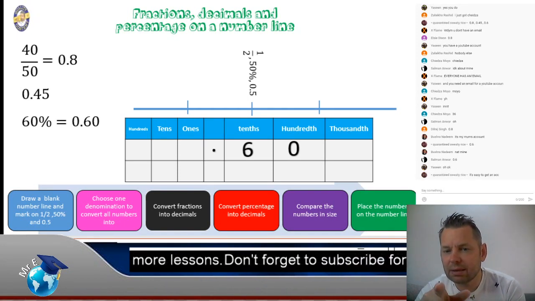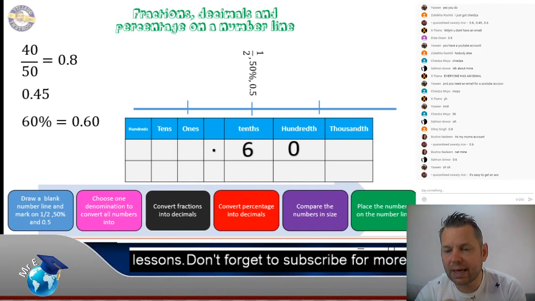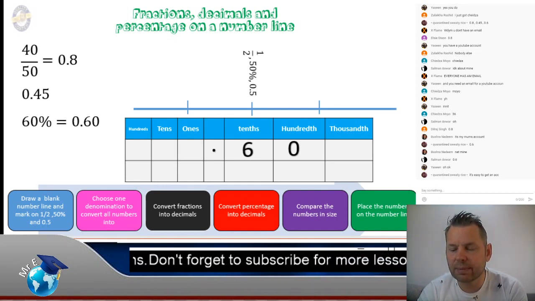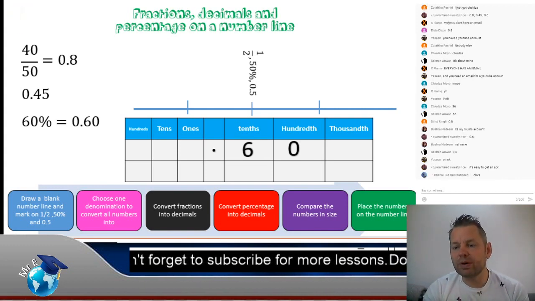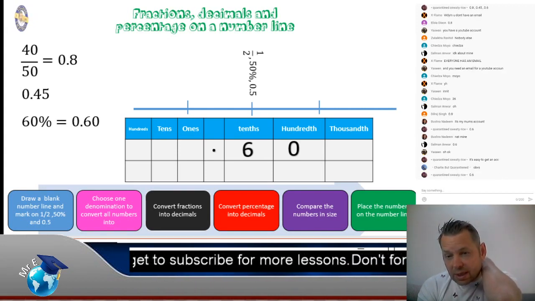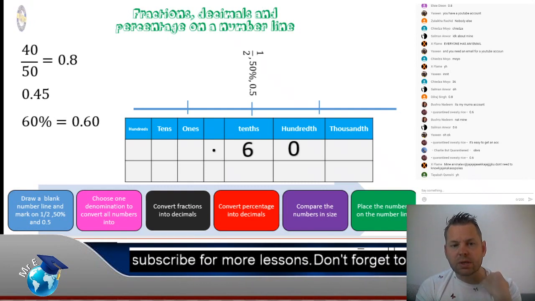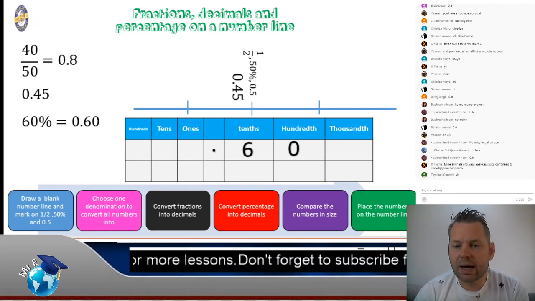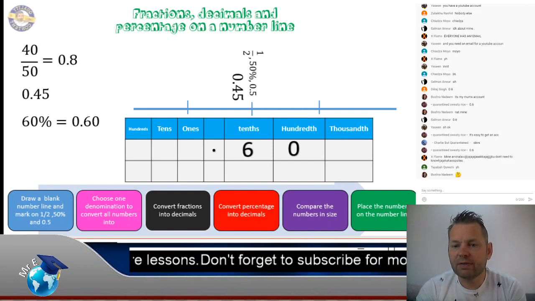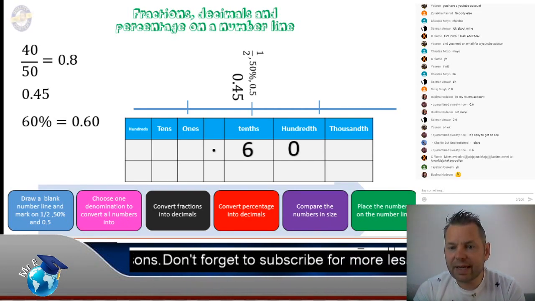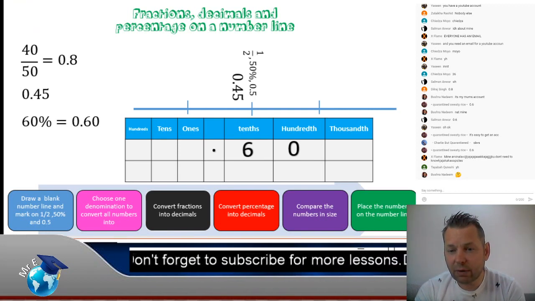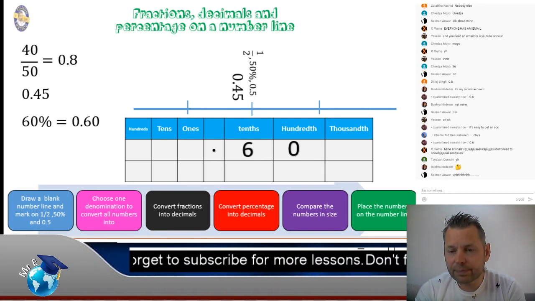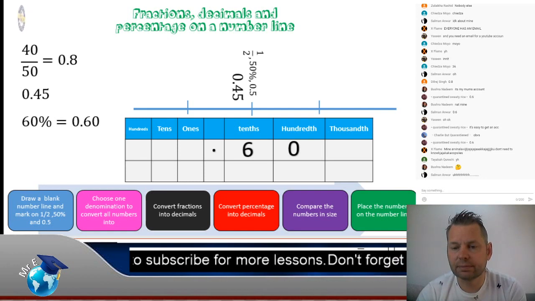We can see the order they will go in because it's much, much easier. But because we've drawn our number line with quarters, halves, and 3/4, we're going to put them in the correct place. So we're going to put our 0.45. Now 0.45 is before our 0.5 because it's less than half.